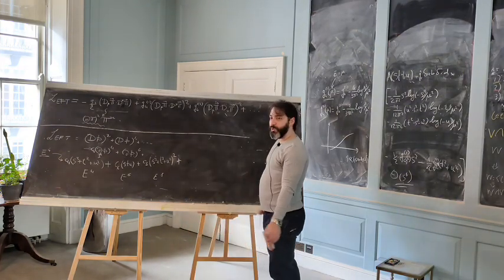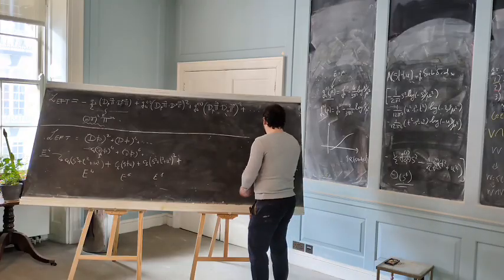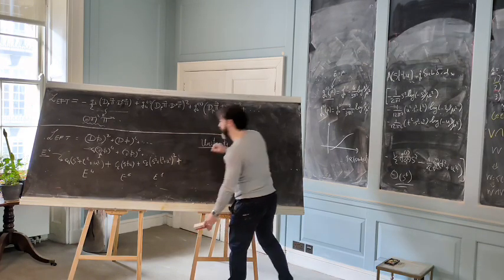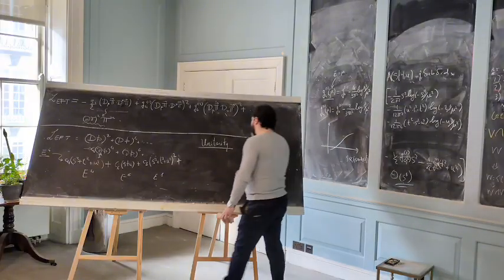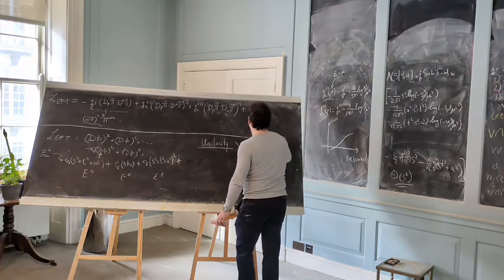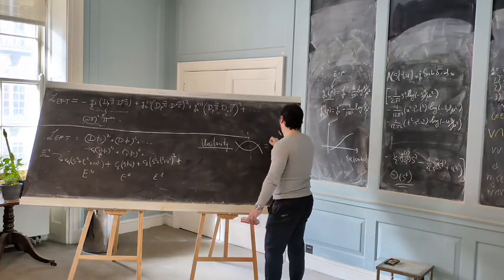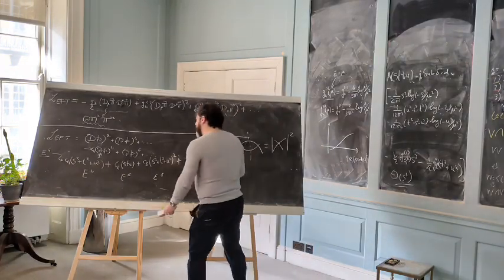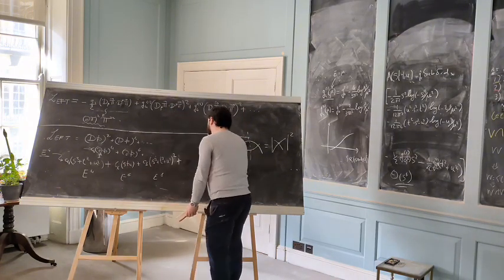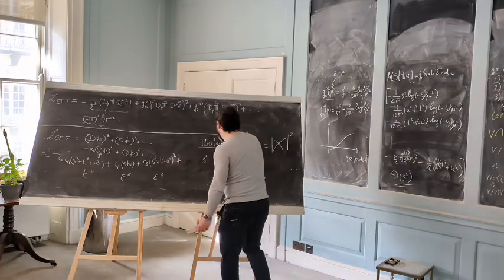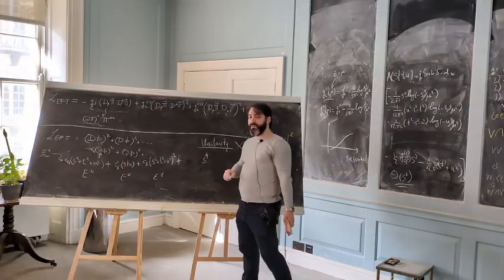So now we want to guess loops. The simplest thing to do is to use unitarity. Unitarity is the statement that if we take a loop diagram and cut it, we get the square of the tree level. The tree level is order s squared, therefore when I square it, I should get something of order s to the 4.